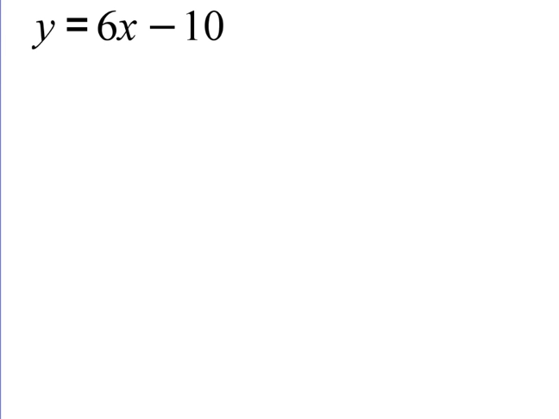We know the derivative is simply 6, but we're going to rewrite this as a composite function: y equals 2 times the quantity 3x minus 5. So f of x is just 2x and g of x is 3x minus 5, and notice we have the 3x minus 5 inside of the 2x.